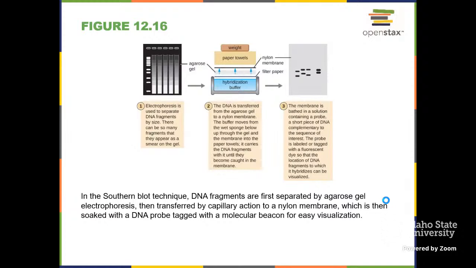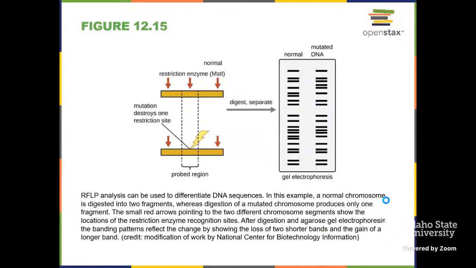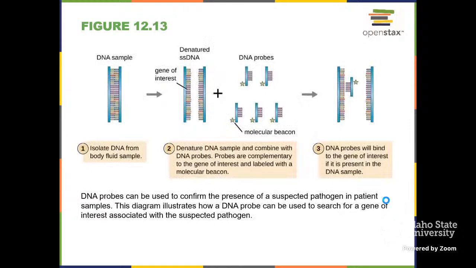So now we've put this onto a membrane, and we are able to in turn use that and probe it with something that's basically going to allow these bands to develop as we see it on here, all right? So it's soaked with the DNA probe that's tagged with those beacons. That's when we flip it back to this, something like this, all right?